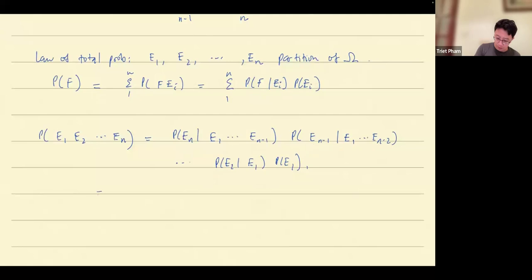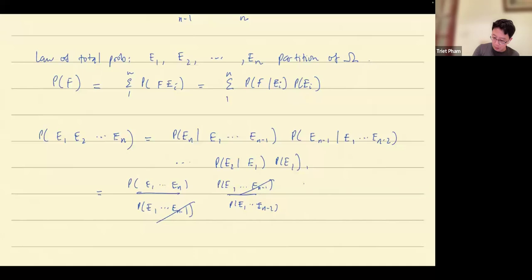For example, the top right there is exactly E1 up to En intersection divided by E1 up to En minus 1. And then you have E1 up to En minus 1 intersection divided by E1 up to En minus 2. And so these two cancel.